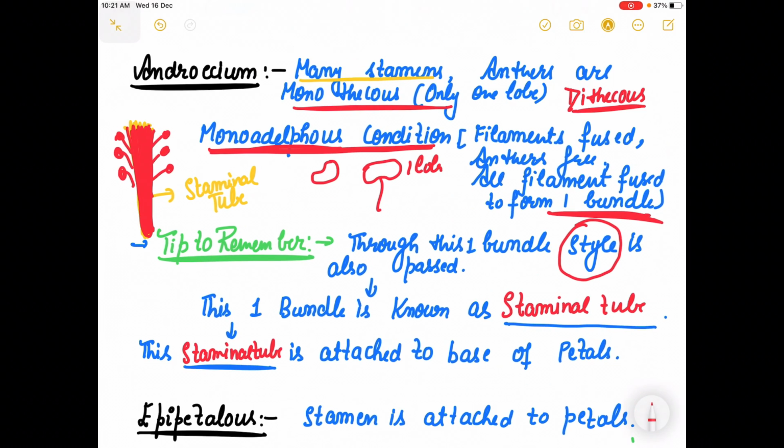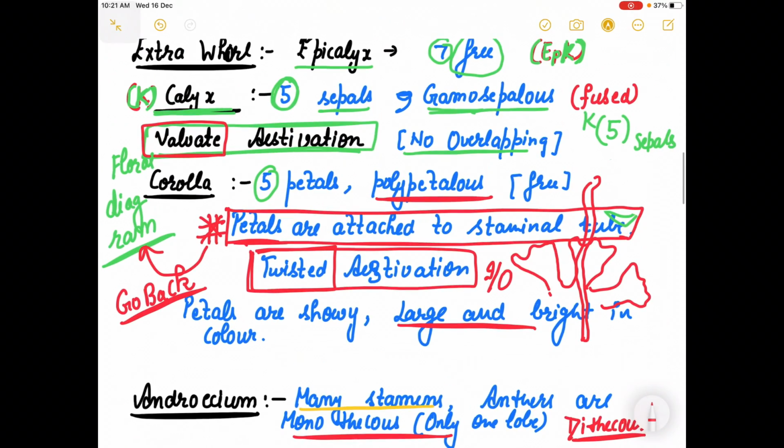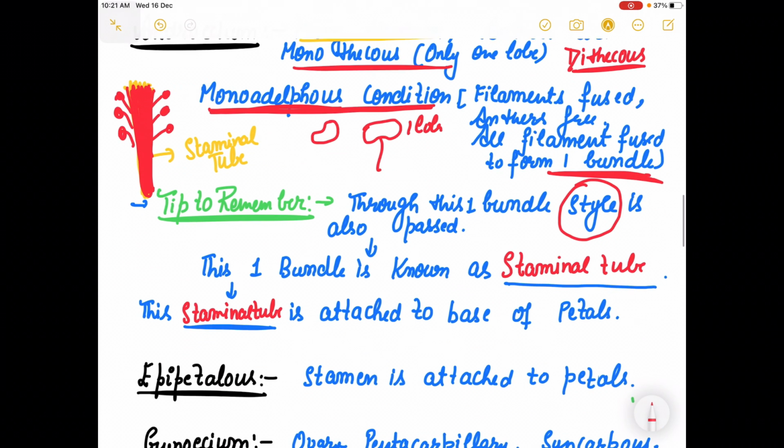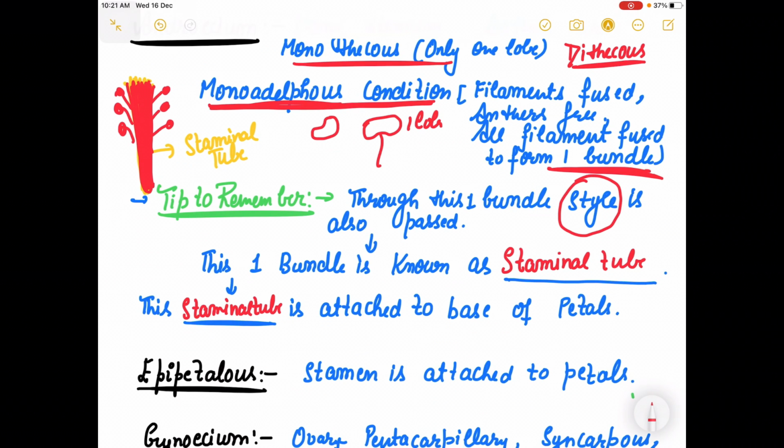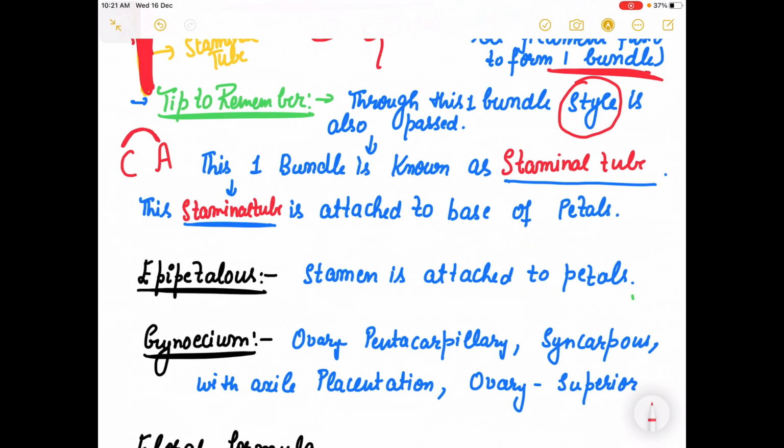It means your corolla is written with the letter C. So when we will draw this diagram, this is C for corolla, A for androecium, right? And they are attached with each other. So you have to make this sign, right? So these are the small tips you have to remember when we are going to draw the floral diagram, and for floral formula these are going to help us.